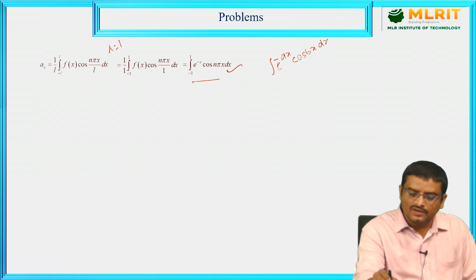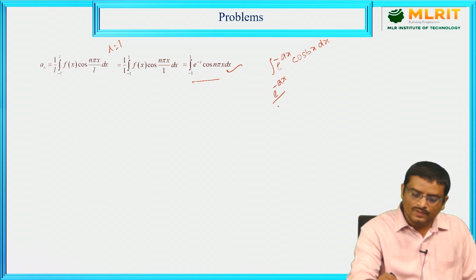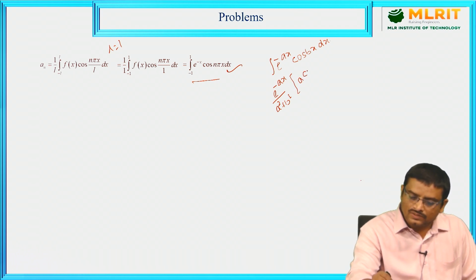We have the standard formula that can be written as e power minus ax by a square plus b square into a cos bx plus b sin bx.